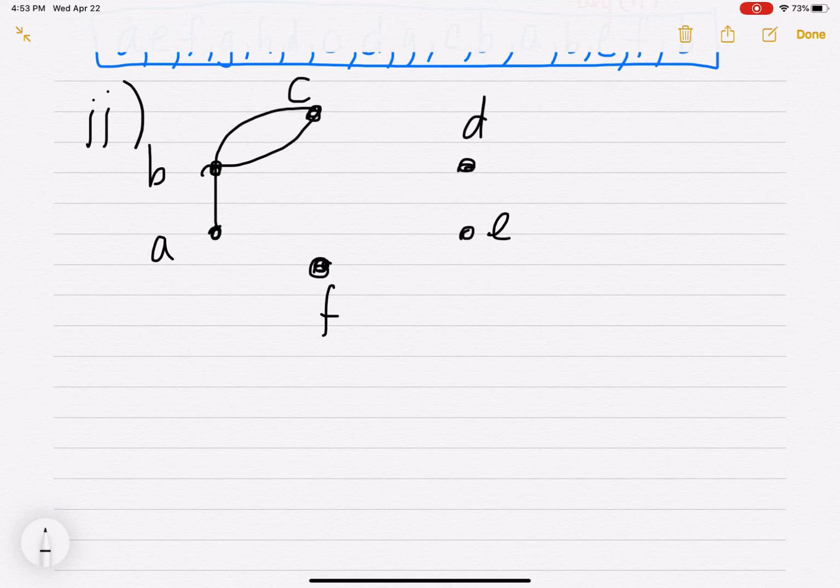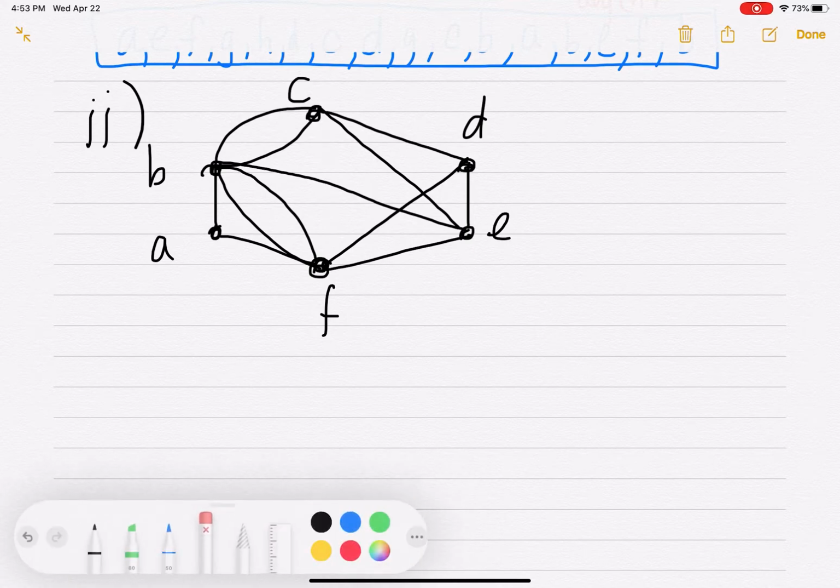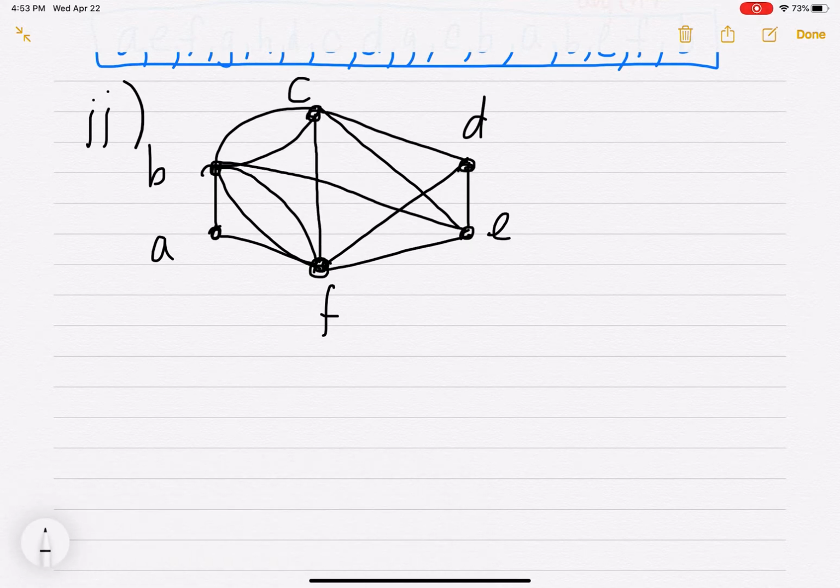We're going to go B to F. We're going to have a multi-edge there. A to F, F to E, D to E, C to D, C to E, B to E. Am I missing any? F to D? I got a C to F. No, that didn't turn out too well. Let me try to straighten that up a little bit. All right. Oh, right. And there's one more, A to D. I think this is my graph here.